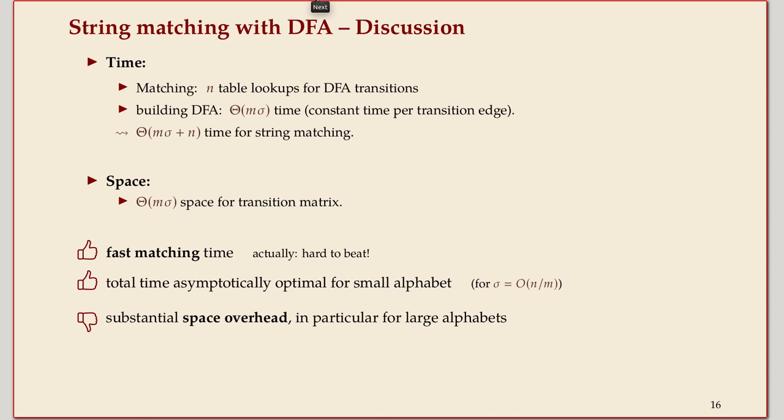If you recall from last time, once you have the deterministic finite automaton constructed, searching for the pattern in the text is very simple. You start in the start state, and then you just simulate where the automaton goes by reading the next character from the text in each step. And if that ever takes you to the accepting state, you have found the first match.